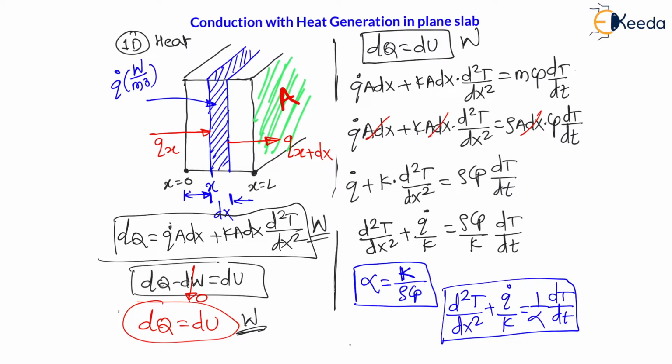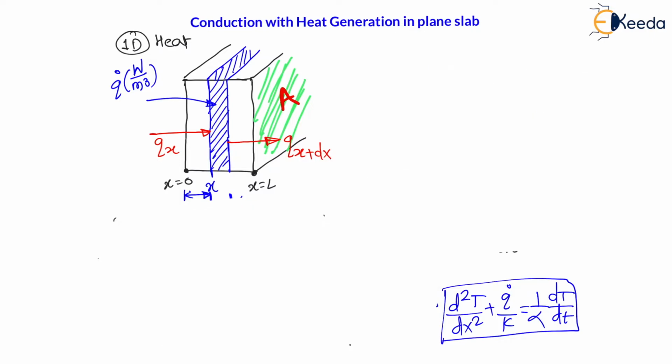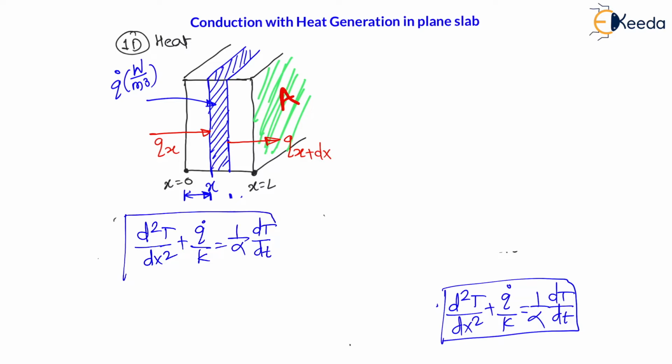So my dear students, let us write down this equation. Therefore your result is d2T divided by dx square plus q dot by k is equal to 1 upon alpha dT/dt, where alpha is thermal conductivity divided by heat capacity, that is k divided by rho cp. And this is a 1D equation, 1D unsteady, because here there is a term of temperature with respect to time, and whenever temperature is changing with respect to time, it is called unsteady, and there is only a term of x.